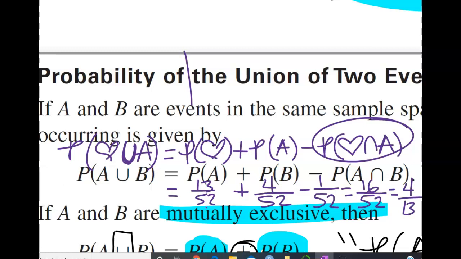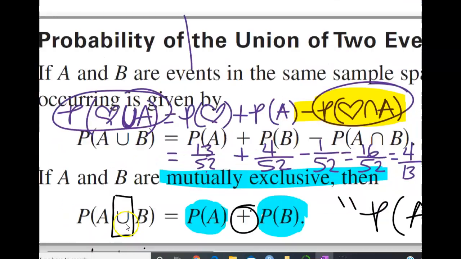And so that will be the answer to the question of a heart or an ace. But because they are not mutually exclusive, we have to subtract the intersection so that we don't count that one card twice, the ace of hearts.